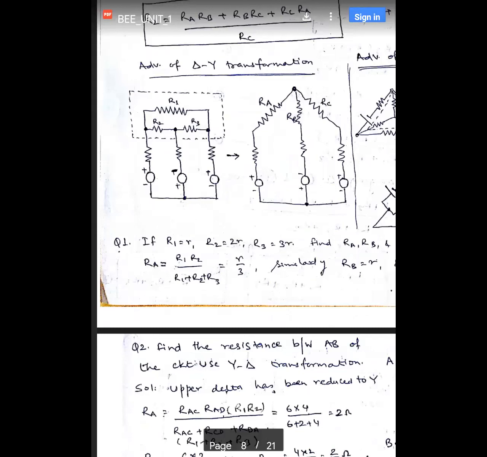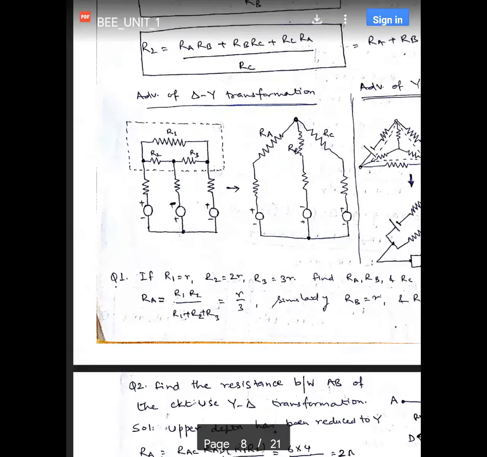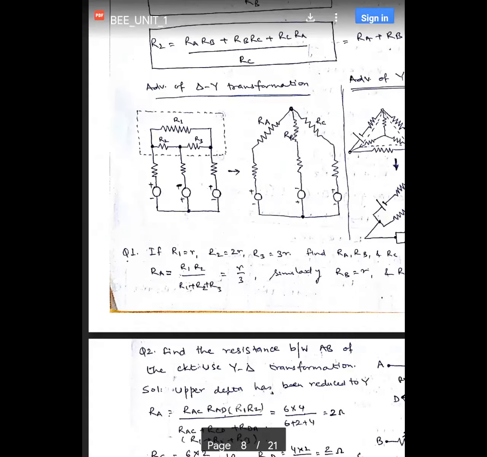For example, this is the circuit in which this is given. It is also necessary that we identify the star or delta from the nodes given or from the mesh which is given.